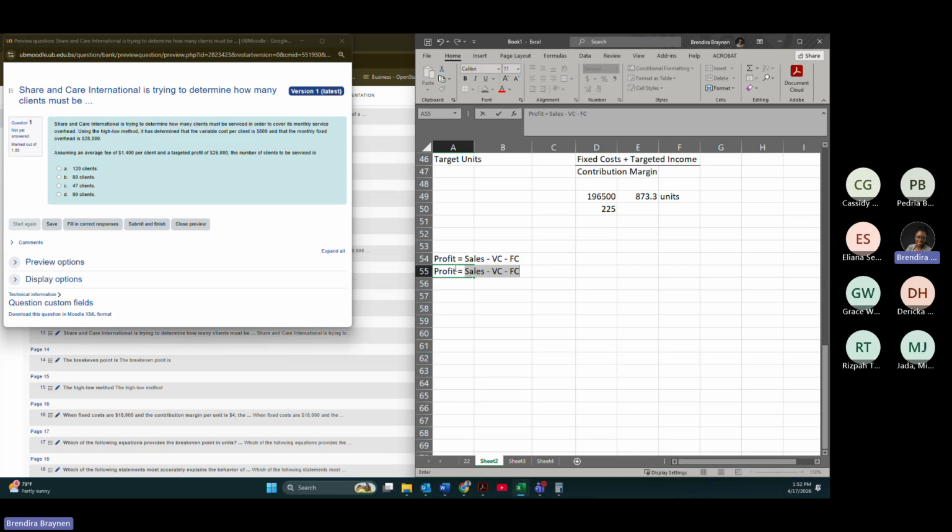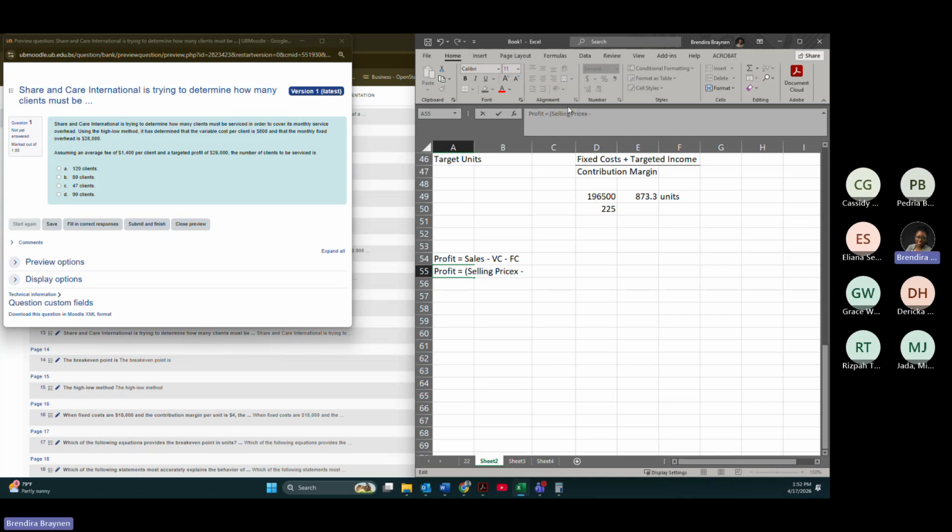Profit equals sales. Sales is calculated by taking the number of clients, which I can call X, times the selling price. So selling price times the number of clients, minus, oh, I didn't need the bracket. Oh, sorry, I'm not supposed to be telling you the complete answer.